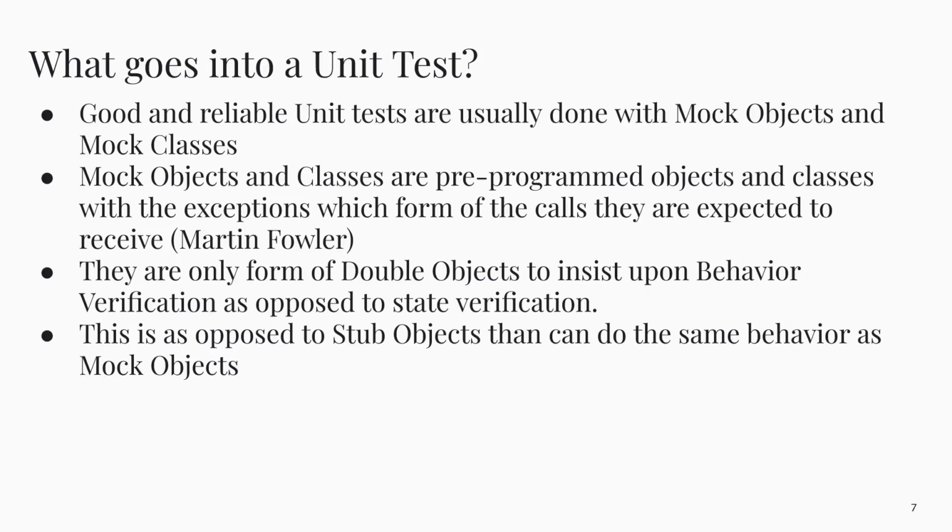So, that is the definition of double objects. Going back to the slide, mock objects are the only kind of double objects to insist upon behavior verification instead of state verification. And going on, this is opposed to stub objects that can do the same behavior as mock objects but have major differences that we shall go into on the next slide.